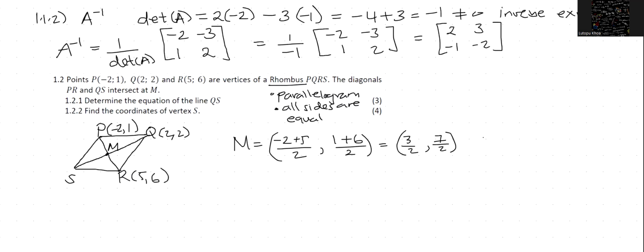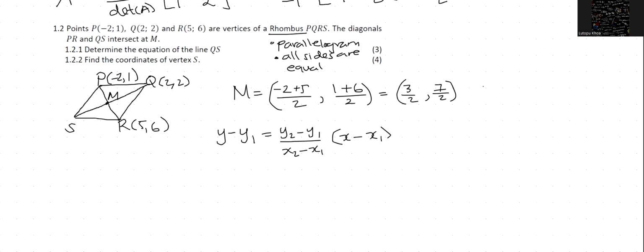To find the equation is very simple. We use y minus y1 is equal to y2 minus y1 over x2 minus x1 multiplied by x minus x1. This is the formula we use when we are given 2 points on a line.